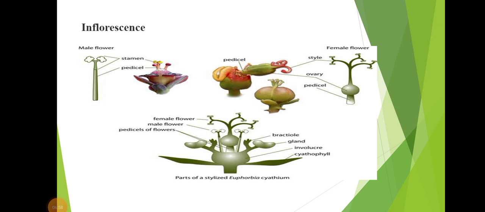In female flower, style, ovary and pedicel are present. This is a Euphorbia cyathium. If you observe the cyathium of Euphorbia, the ground plan or structure, female flower is there, male flower, pedicels of flowers and bracteole, gland, involucre.